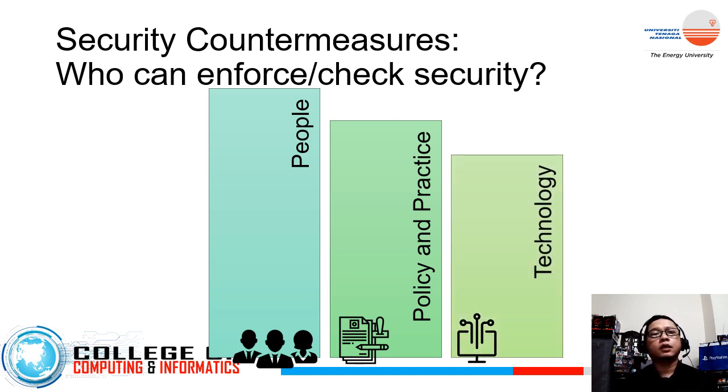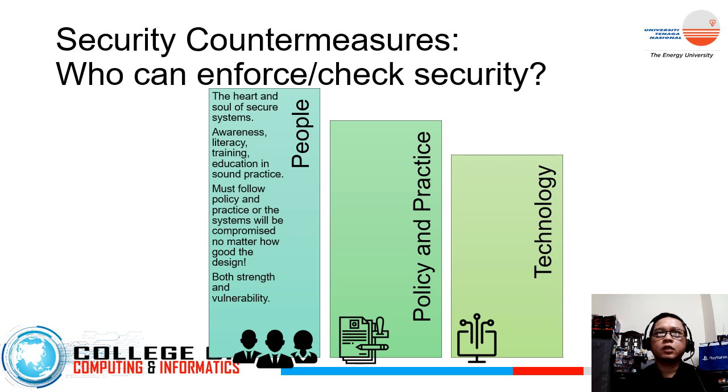And then what technology do you have to protect the information or the assets that you deem worthy of protection? The people are the very heart and soul of a secure system.